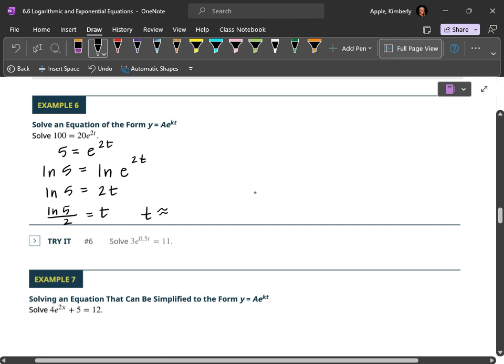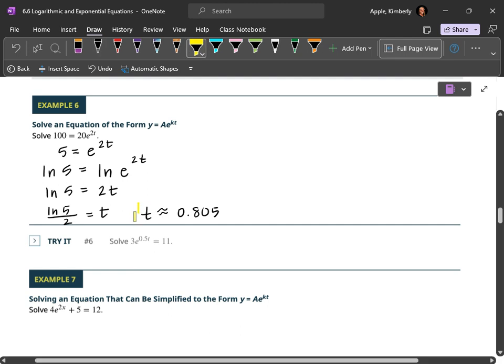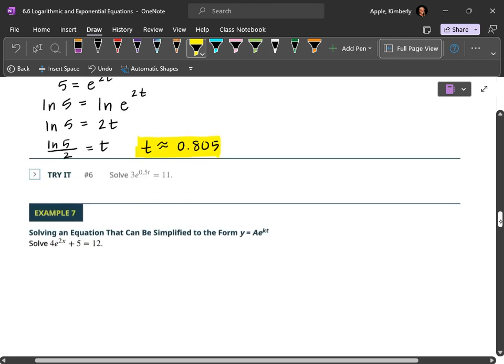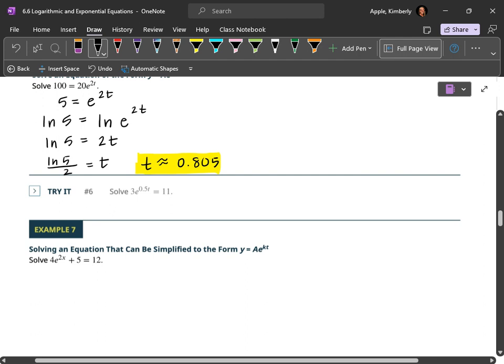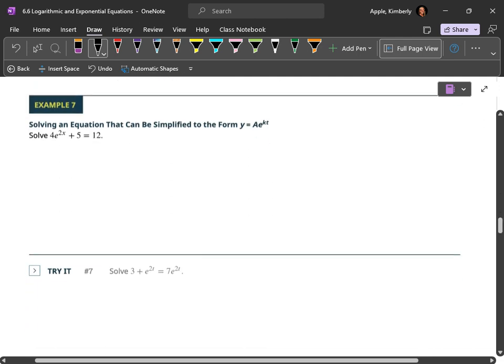And placing that in your calculator, you'll obtain the approximated value of 0.805, which, like I said, will be more of what I'm looking for when you're taking any sort of test or anything like that. And so there is the answer for t. If you want to try number 6, you should obtain that t is approximately 2.599. So now example 7, solving an equation that can be simplified to the form that we just saw.